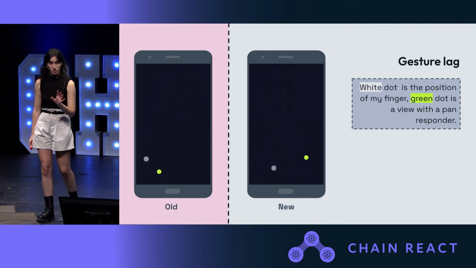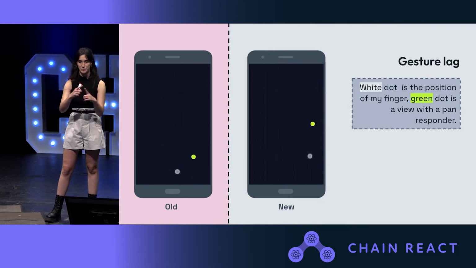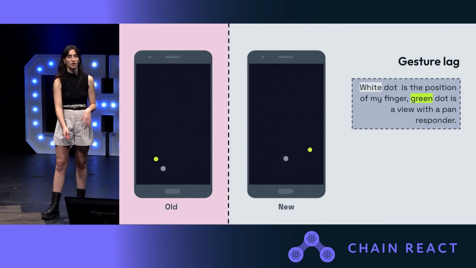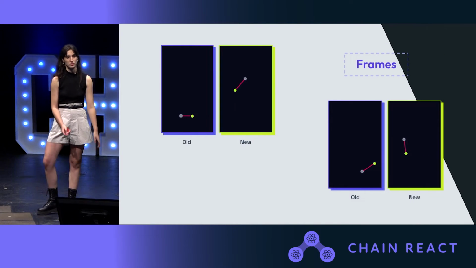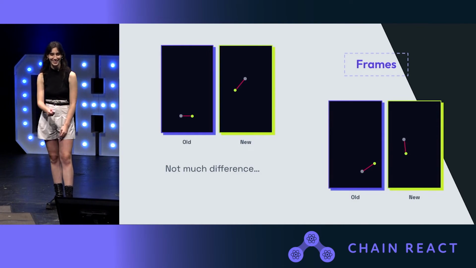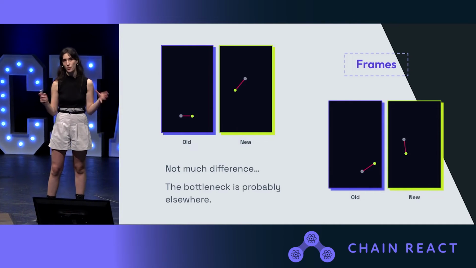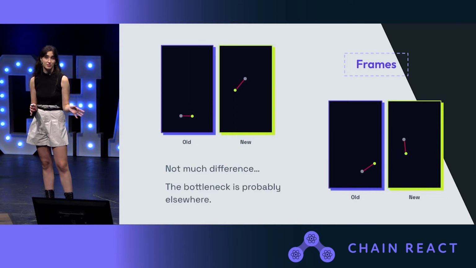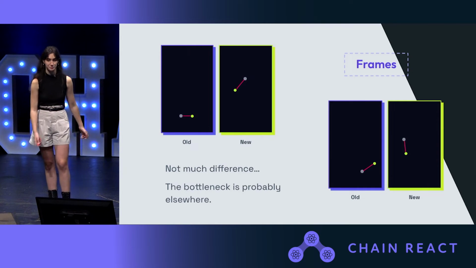To be honest, I cannot see a difference in the video, in the spacing between my finger and the view with the PanResponder. I took out some frames, and I cannot see a difference either. So I think that for this particular case, the bottleneck may be elsewhere. Maybe it has something to do with the low-end device that we picked.